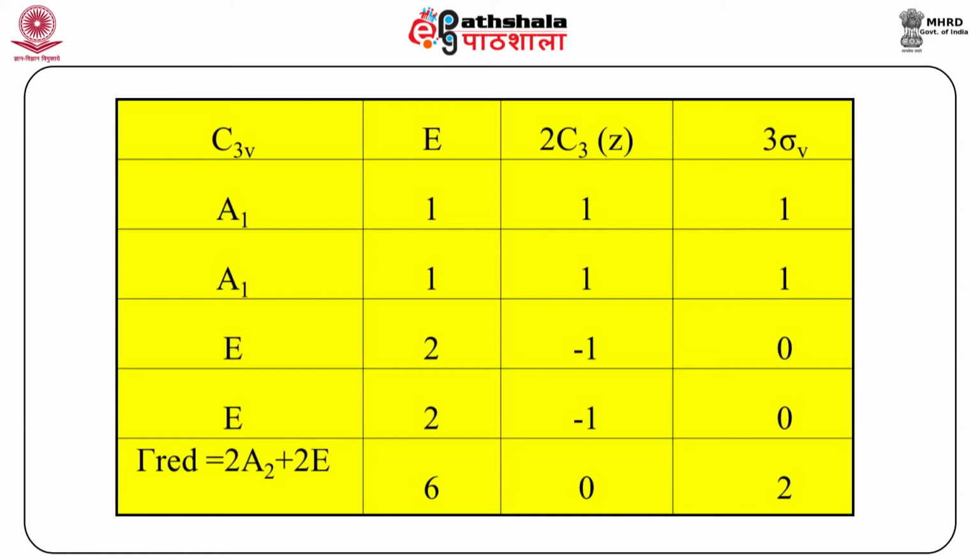I take the character of E: 1, 1, 2, 2, and addition gives me 6. Character for 2C3: 1, 1, minus 1, minus 1, that is 0. Character for sigma V: 1, 1, 0, 0, that is 2. That is, tau reducible is equal to 2A1 plus 2E, that is 6, 0, 2.